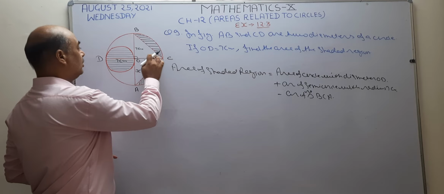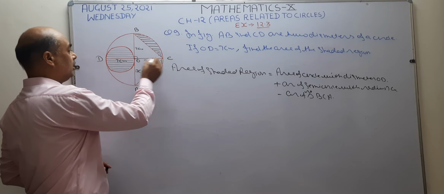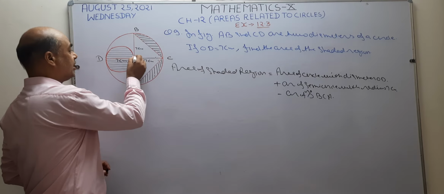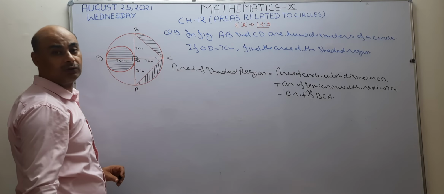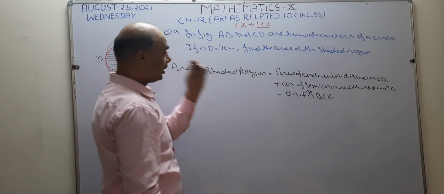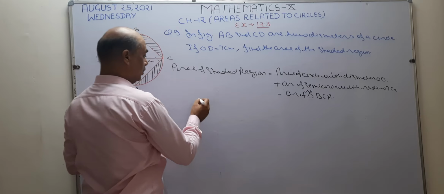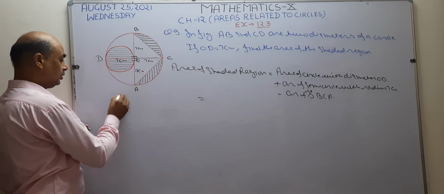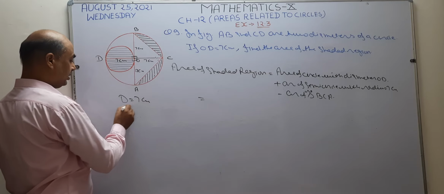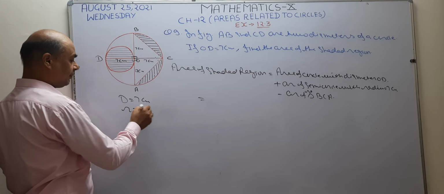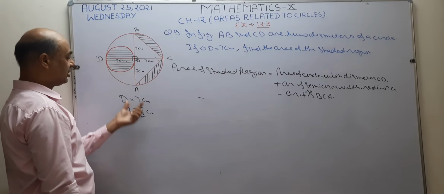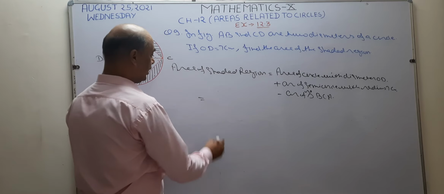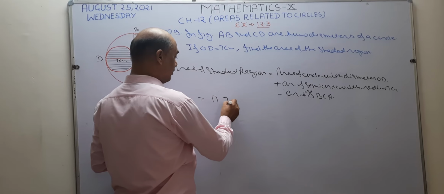Or it is given, you know that when these diameters bisect each other, they make a 90 degree angle. Now, I write here area of circle with diameter OD. If diameter OD is 7 centimeter, then radius becomes 7/2 centimeter. Half of the diameter is the radius of the circle. So write here pi r squared, where r means 7/2.